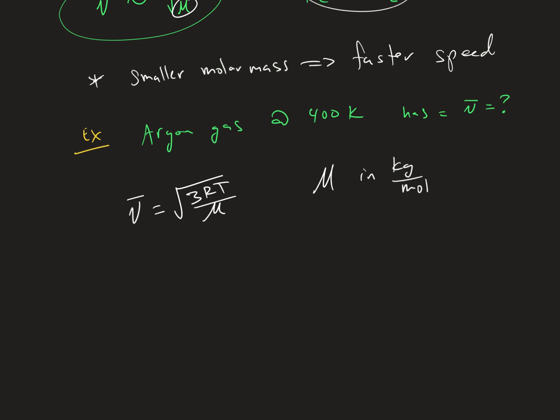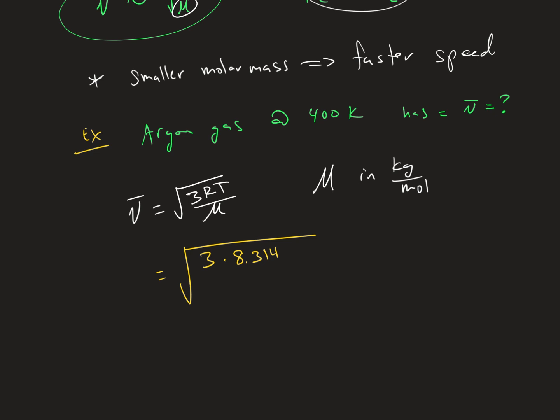All right, so let's plug it in. This is equal to square root of 3 times R. What's the value of R if we're trying to find speed? 8.314. And is that one on our reference sheet? I believe it is. Let's see.